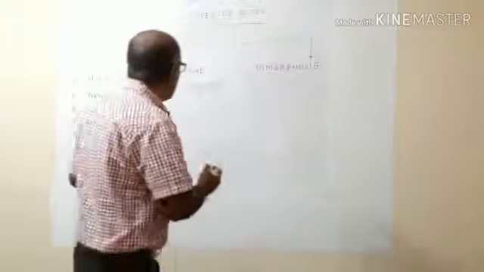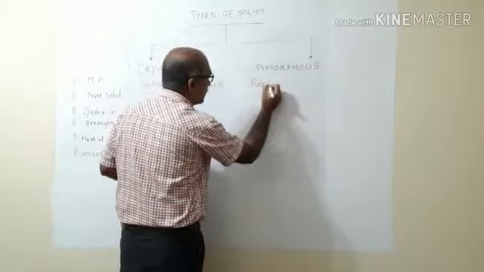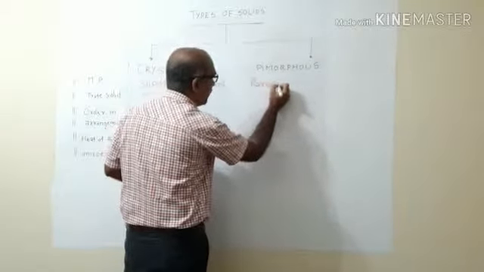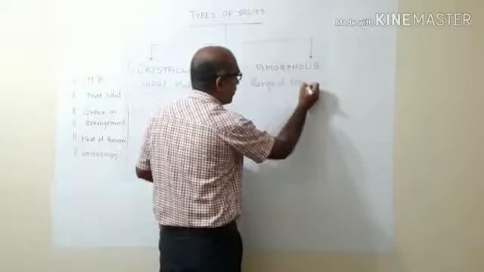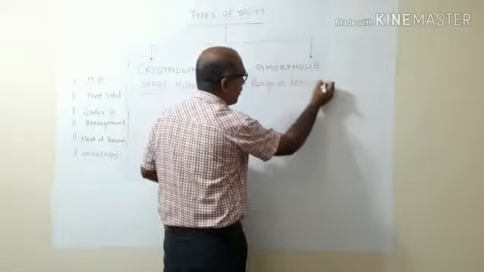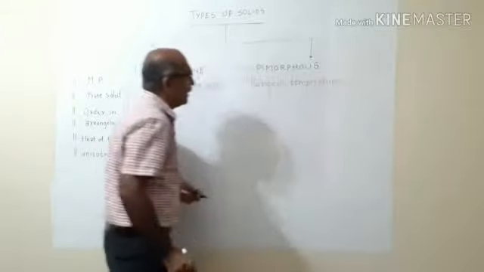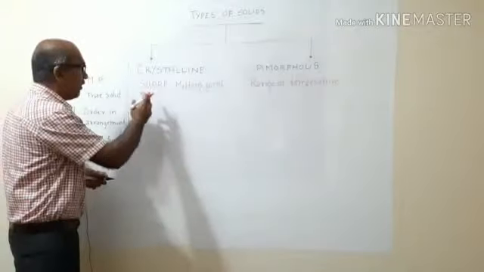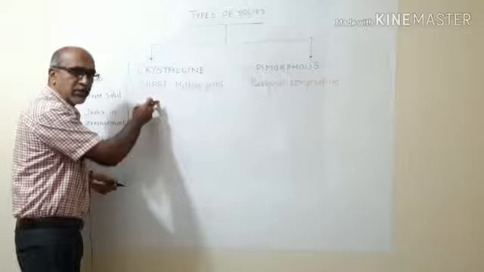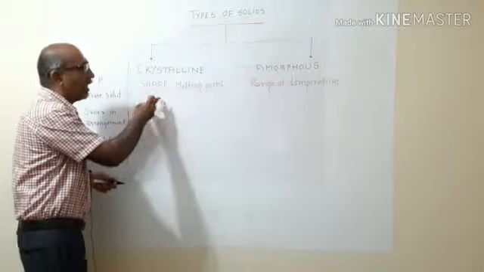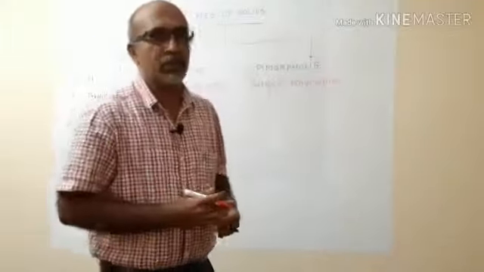So the melting point of crystalline solids is very sharp. They melt at a sharp temperature, and amorphous solids melt over a range of temperature.